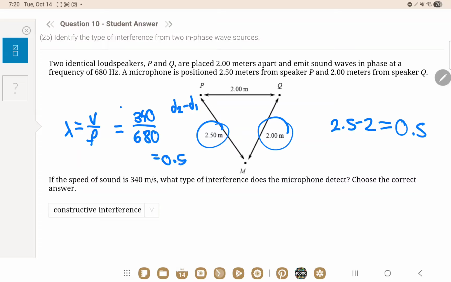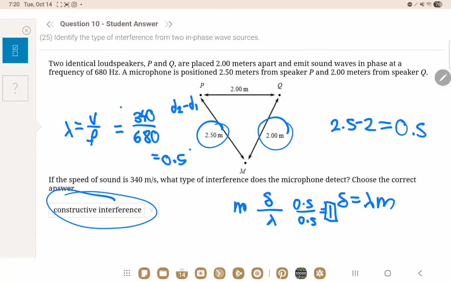So then you have a formula that says path difference over wavelength equals m, because our formula is path difference equals lambda m, but we need to find m to know what type of interference. So it's 0.5 divided by 0.5 gives you 1. Since 1 is a whole number, it is constructive interference. If you got a decimal, it would be destructive. Moving on.